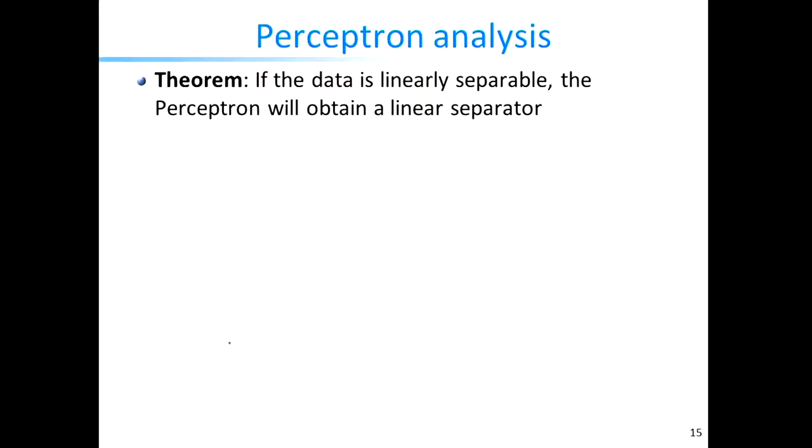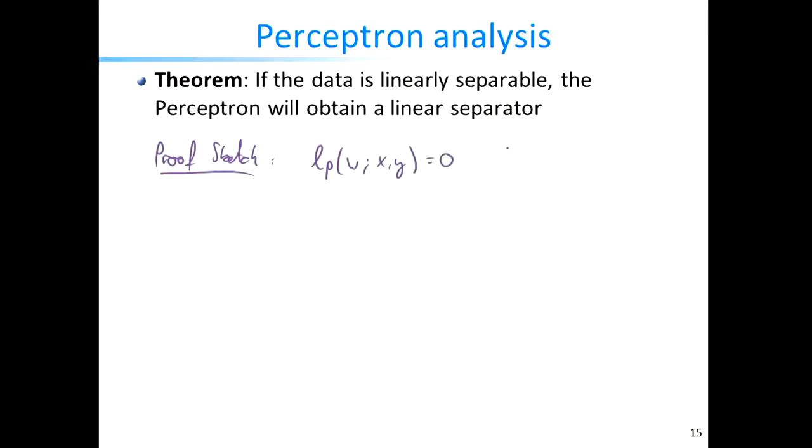So basically, let me just give the proof sketch, hand-waving over a few issues here. We've designed this surrogate loss, this perceptron loss, L sub p of w in the context of point x, y.